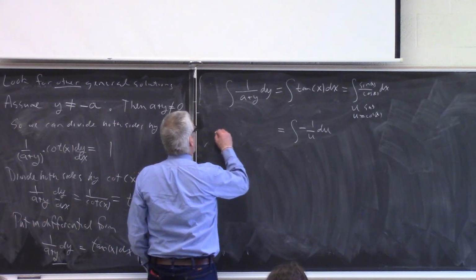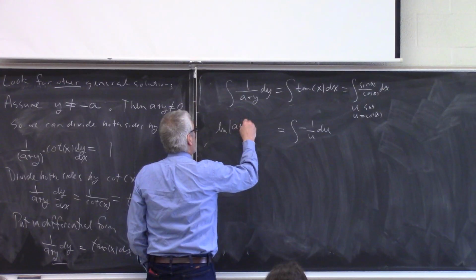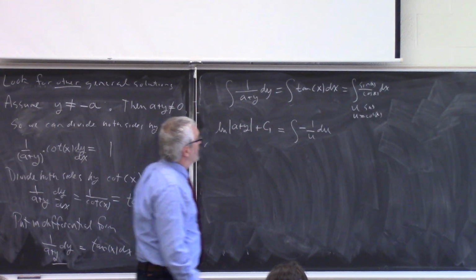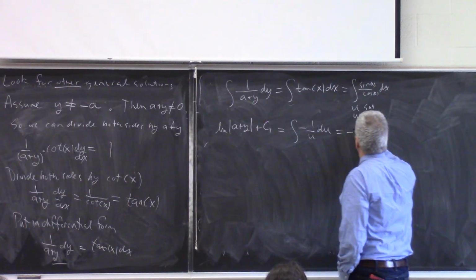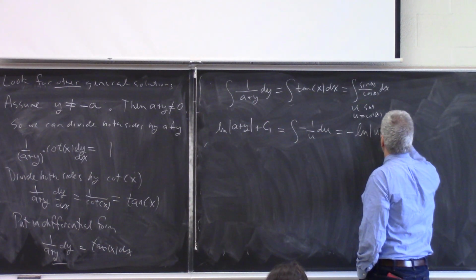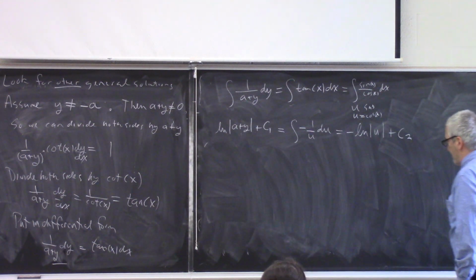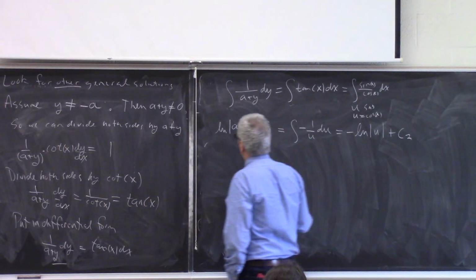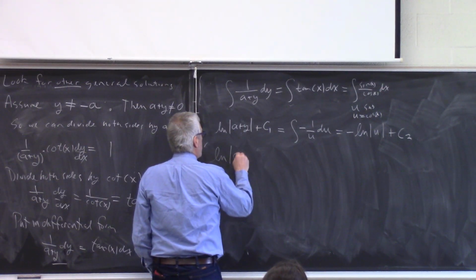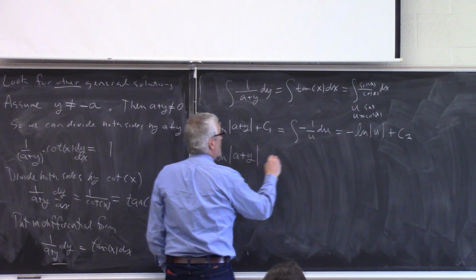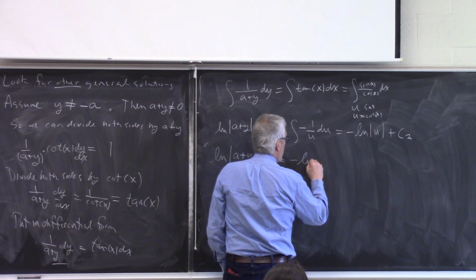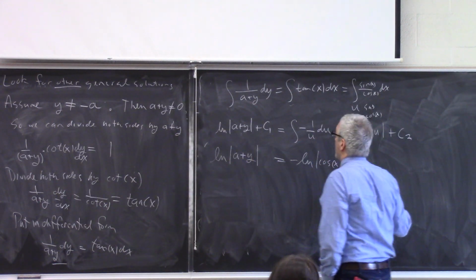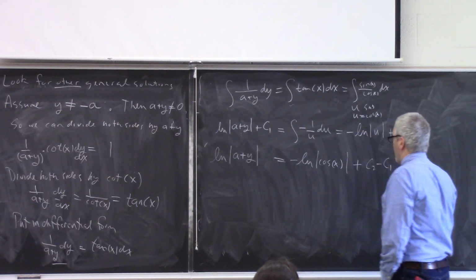And on the left side, I get ln of absolute value of a plus y plus c1, where c1 can be any real number. So this is going to be minus ln of absolute value of u plus C2, some other constant. And then we plug back in what u is. So ln of absolute value of a plus y equals minus ln of absolute value of cos x plus C2 minus C1.